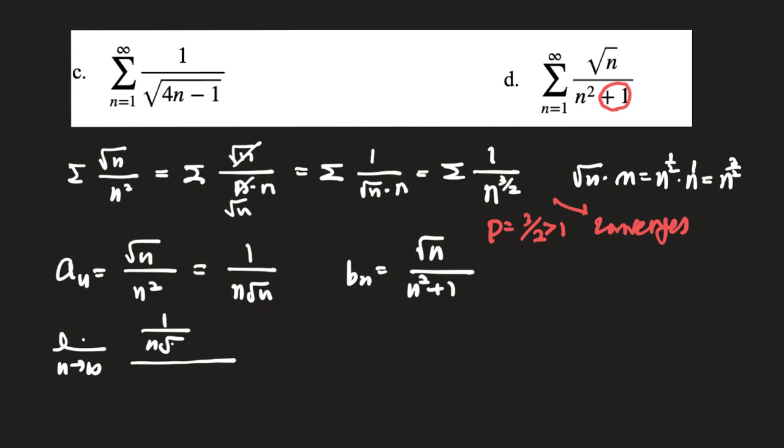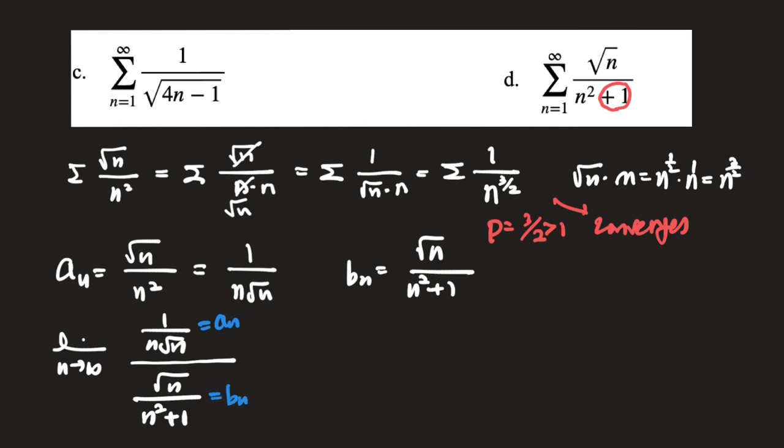Oh no, I'm sorry, this is not right. That's the a_n. This is a_n, guys. This is a_n. This time here is b_n, square root n squared plus 1. It doesn't matter which one is on the top.